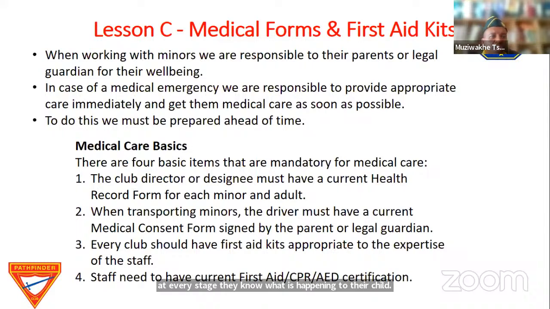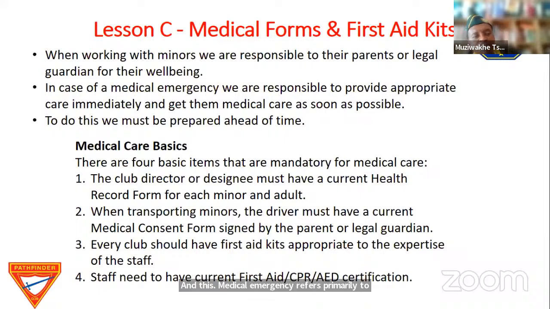Number two, in case of a medical emergency, we are responsible to provide appropriate care immediately and get the medical care as soon as possible. And this medical emergency refers primarily to first aid, leaders.